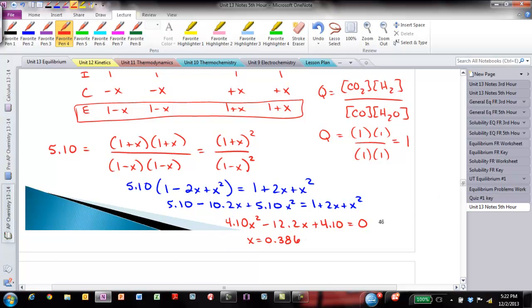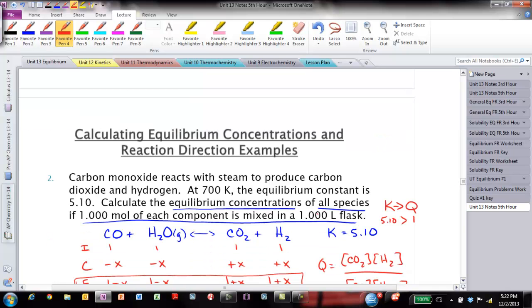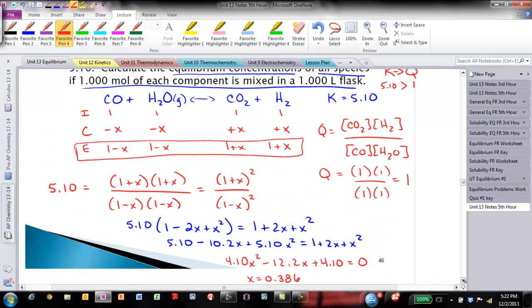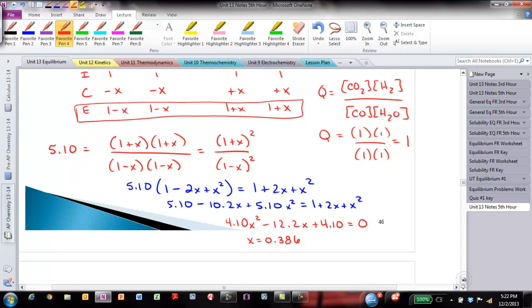But that's not the answer to the question. The question was, what are the equilibrium concentrations? Which means, hey, find these numbers that are in the E line.